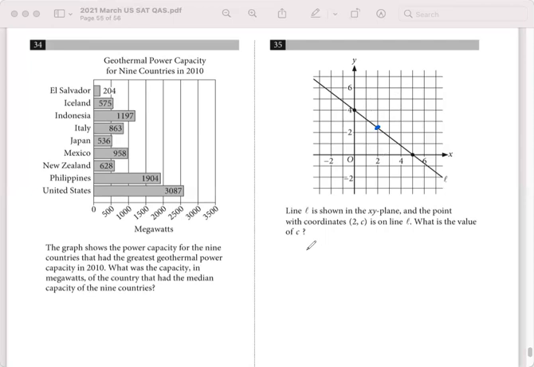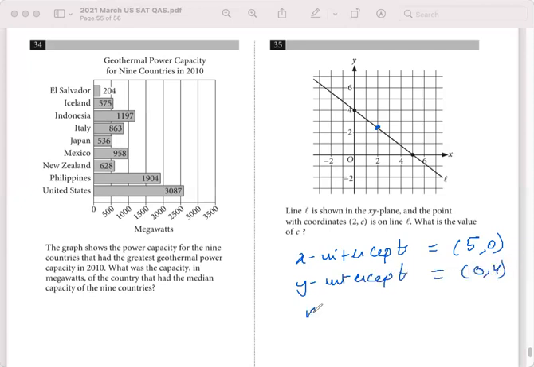We have the x-intercept 5, 0, and the y-intercept 0, 4. So my slope will be negative 4 by 5, right? Negative 4 by 5 is my slope.